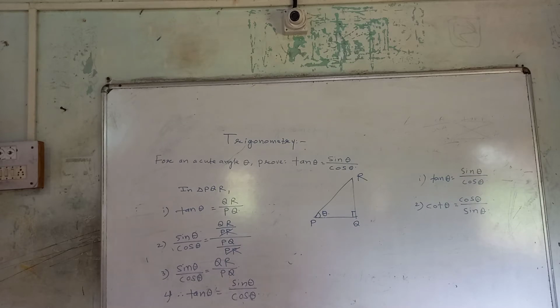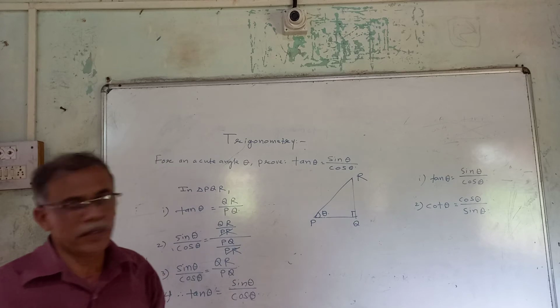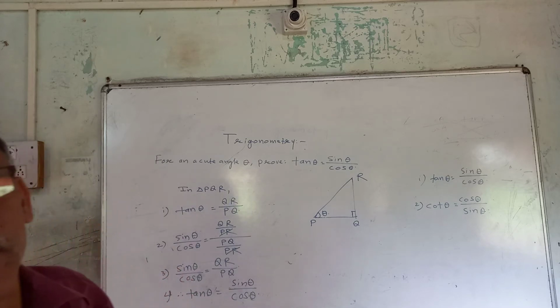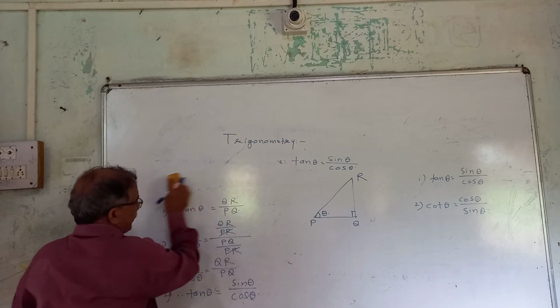Now based on this, they ask you objective questions. I have shown you in the earlier period. I shall again give you some objective questions based on this relation: tan theta is equal to sin theta upon cos theta. Now see, how do they ask the objective question?